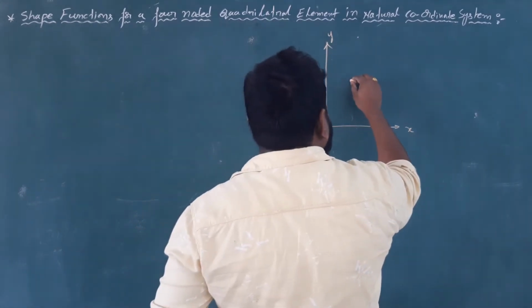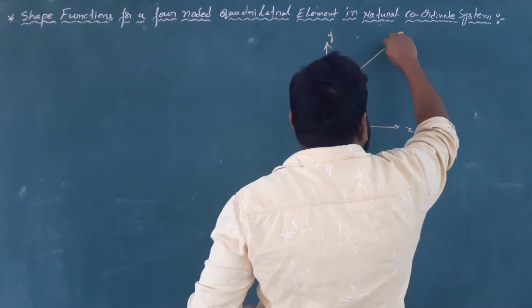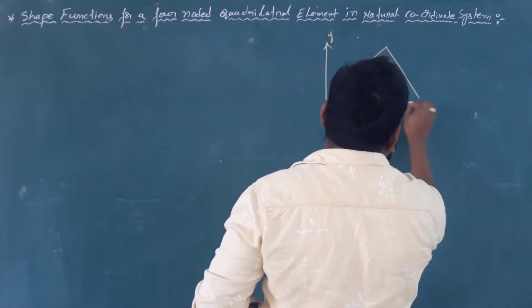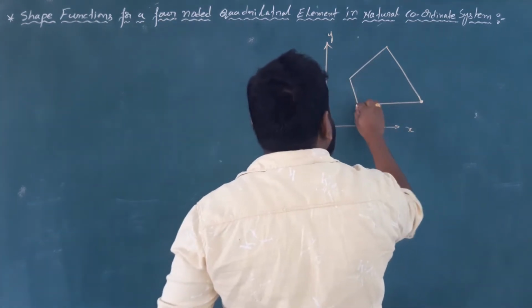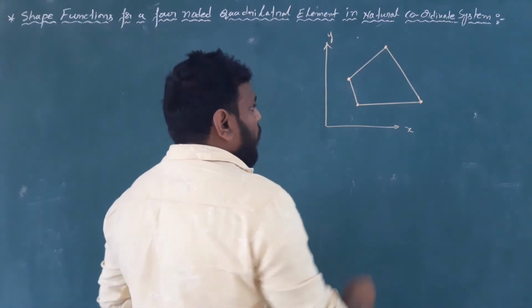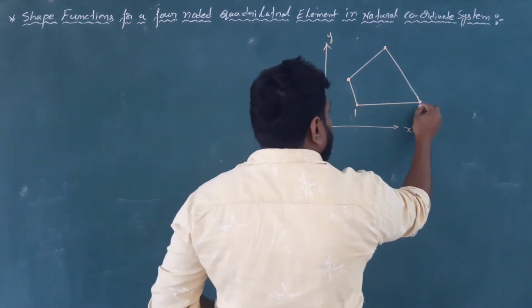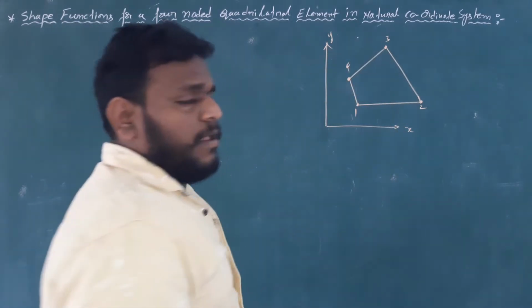It consists of four nodes like this. This is node 1, this is node 2, 3 and 4. These are the four nodes.